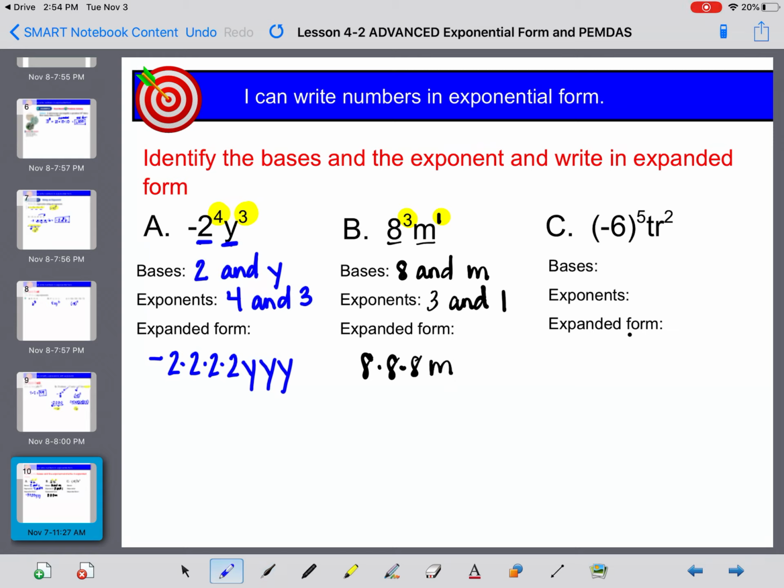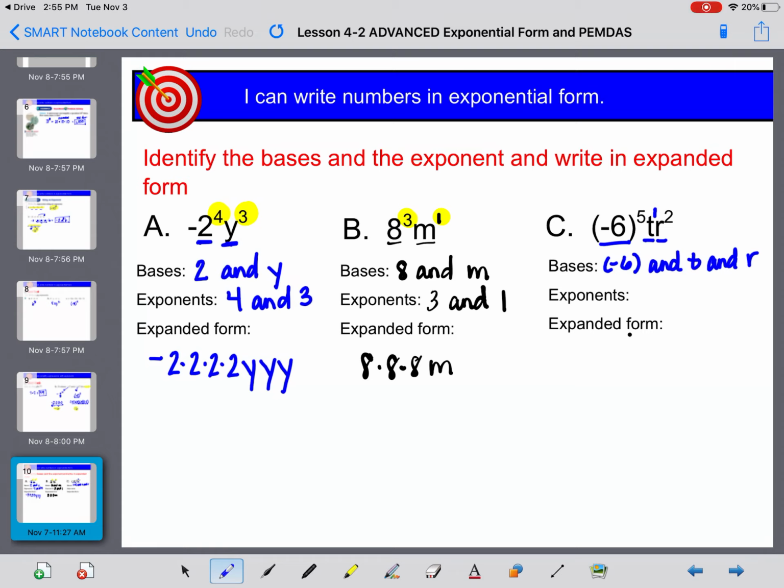In letter C, because there are parentheses around the negative and the 6, the base of the 5 is negative 6. The base here is t, and the base here is r. The exponents, remember, if there isn't one on any given variable, it's understood that the exponent is 1.